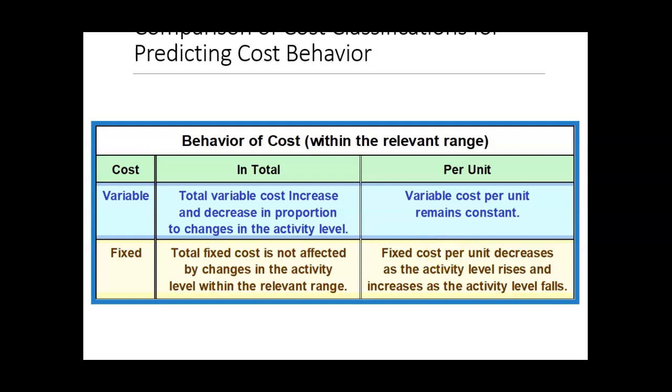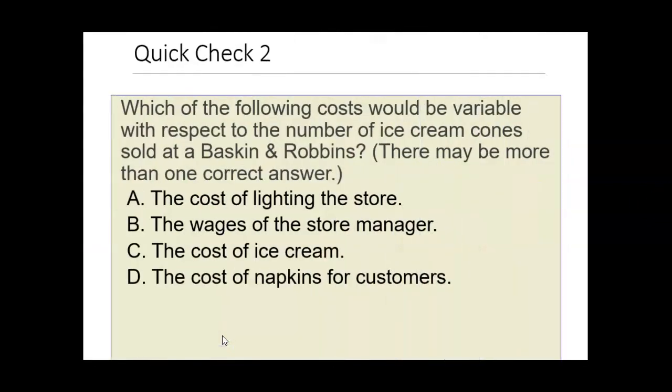But if I produce 1,000 units within that month, then my fixed cost would be $1 per unit. So fixed cost stays the same in total, but it changes per unit. Variable cost changes in total based on the activity level, but variable cost stays the same per unit.